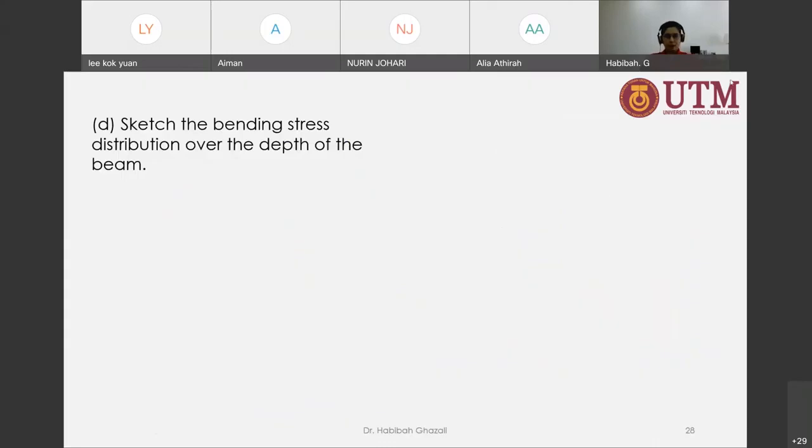The last part, at D, you are asked to sketch the bending stress distribution over the depth of the beam. We know that the top part is going to experience tension and the lower part is going to experience compression. We also know, when we derive the equation, it goes linearly from 0 at the neutral axis to the outer fiber.